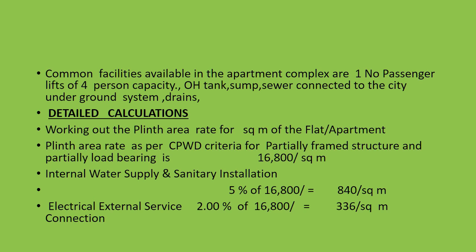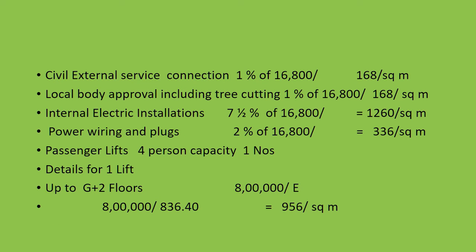Electrical external service connection only 2%. Civil external service connection 1%. Local body approval including tree cutting 1%. Internal electrical installation, here it is only 7.5% and not 12.5% provided in the standard specification.